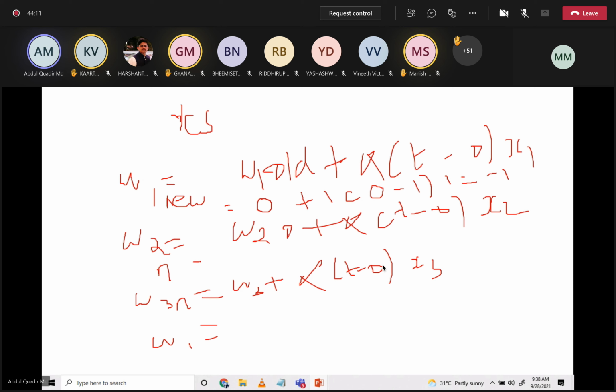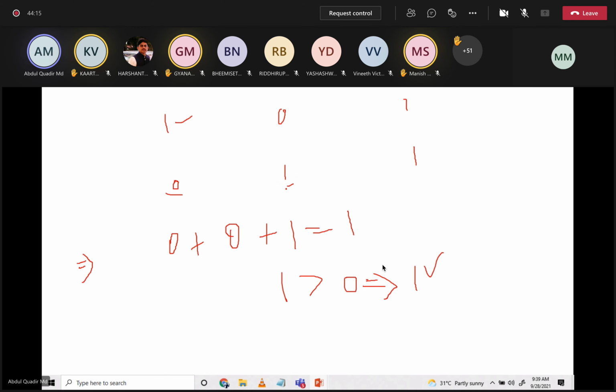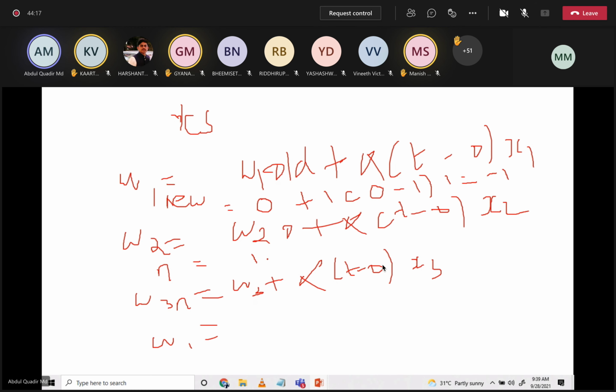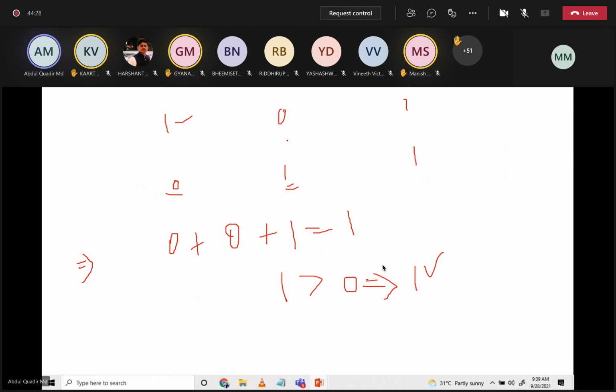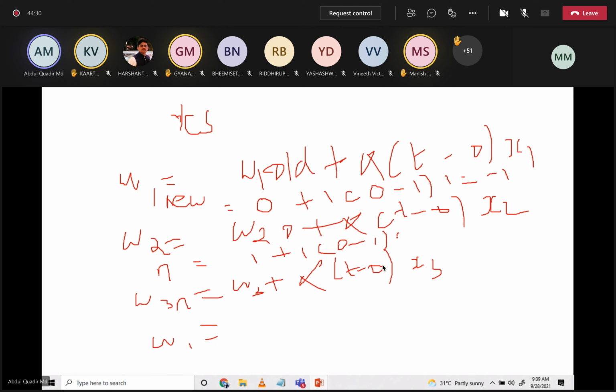The same for W2. W2 old is 1, plus alpha, given as 1, into target 0 minus the actual output we have got, 1, into x2. What is x2? 0.